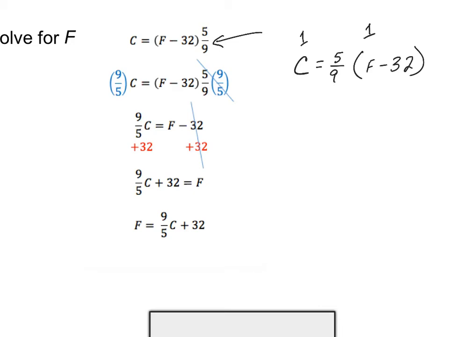So if I multiply this side by 9 and this side by 9, I can cross that fraction out. And that gives me 9c equals 5f minus 32.